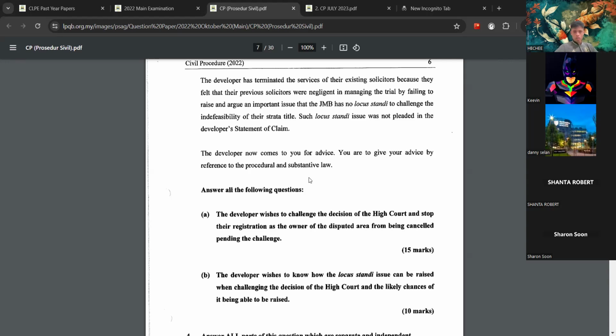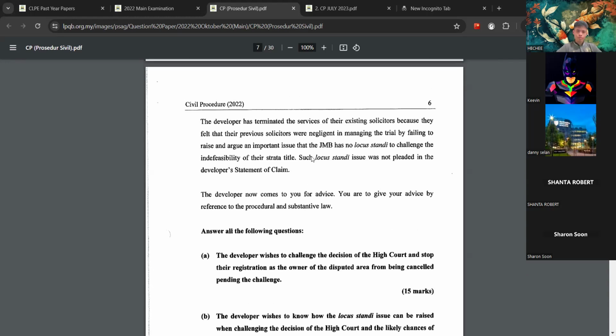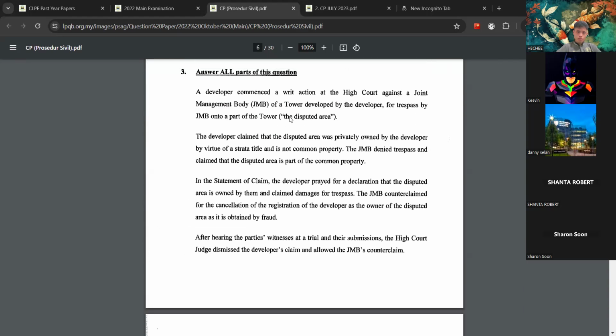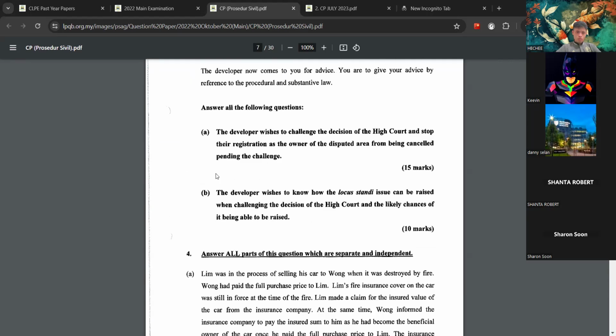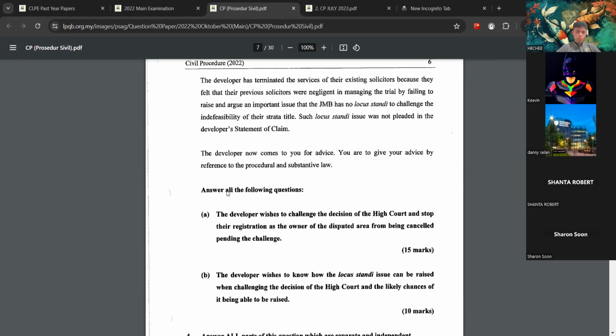Okay, why do they say JMB has no local standard? So for part B, any ideas?